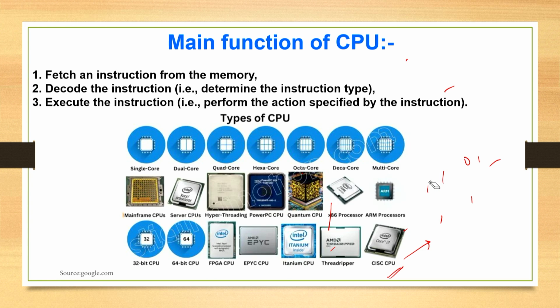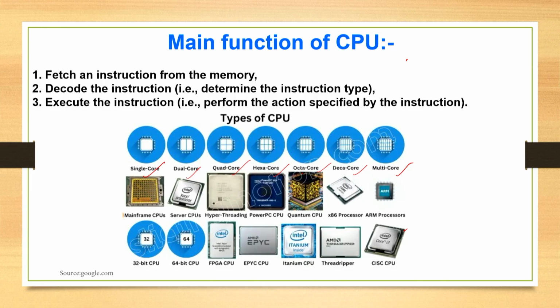These are the different types of CPU, or processor, which are available in the market. Nowadays, you can see single core, dual core, quad core, hexa-core, octa-core, deca-core, and multi-core. That depends upon the number of cores in a processor that can execute the instructions independently.